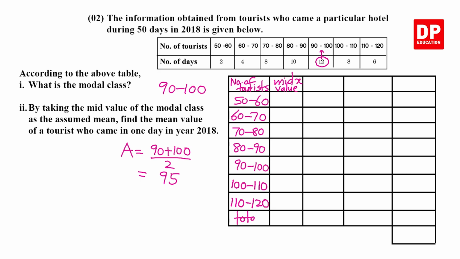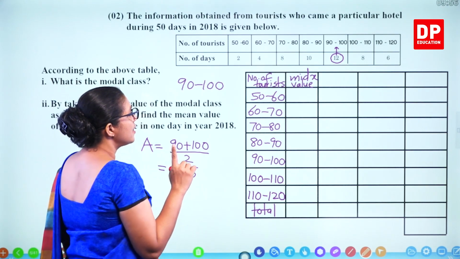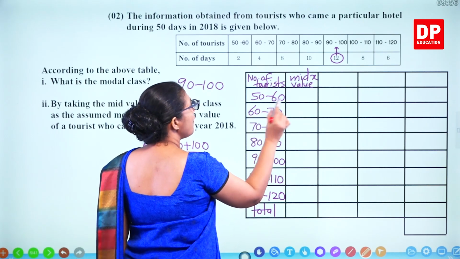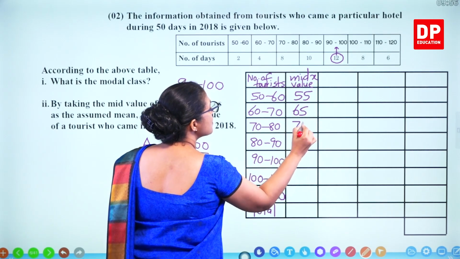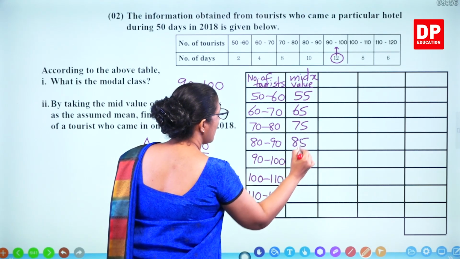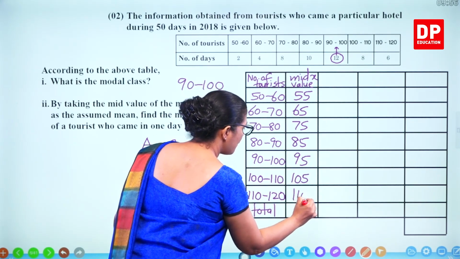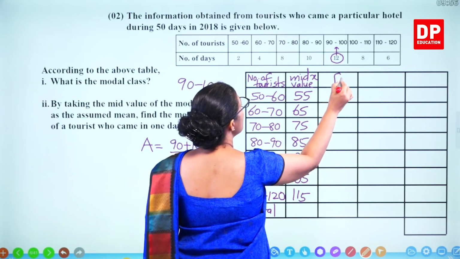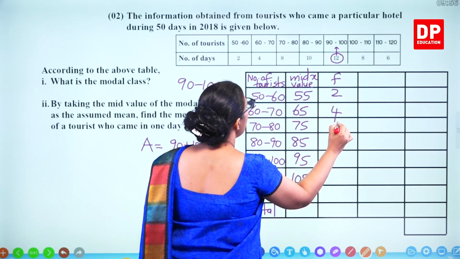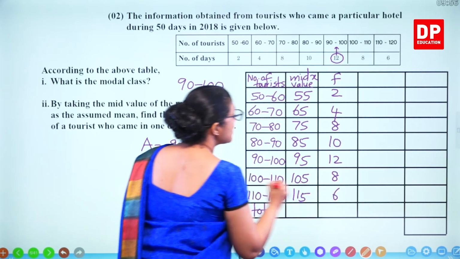And total. Mid values, add and divide by 2. 110 divided by 2, 55. So 65, 75, 85, 95, 105, 115. Now we can write the frequencies 2, 4, 8, 10, 12, 8, 6.